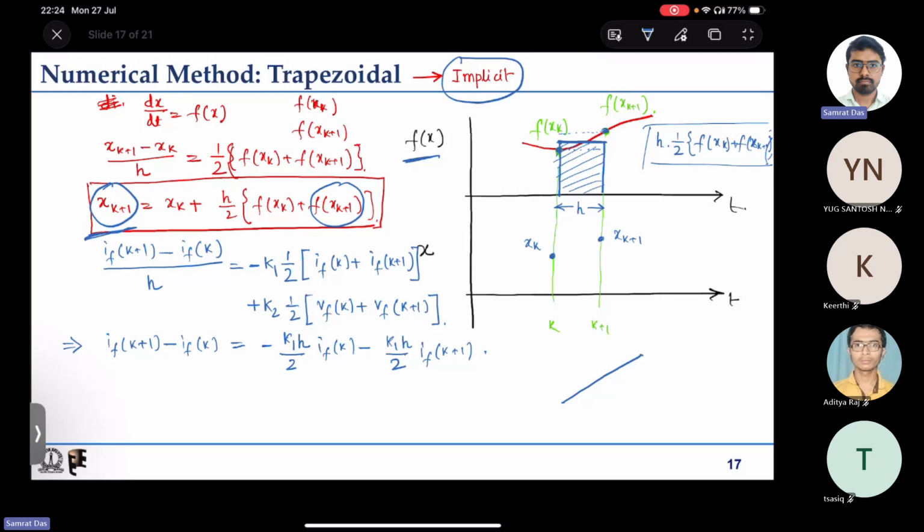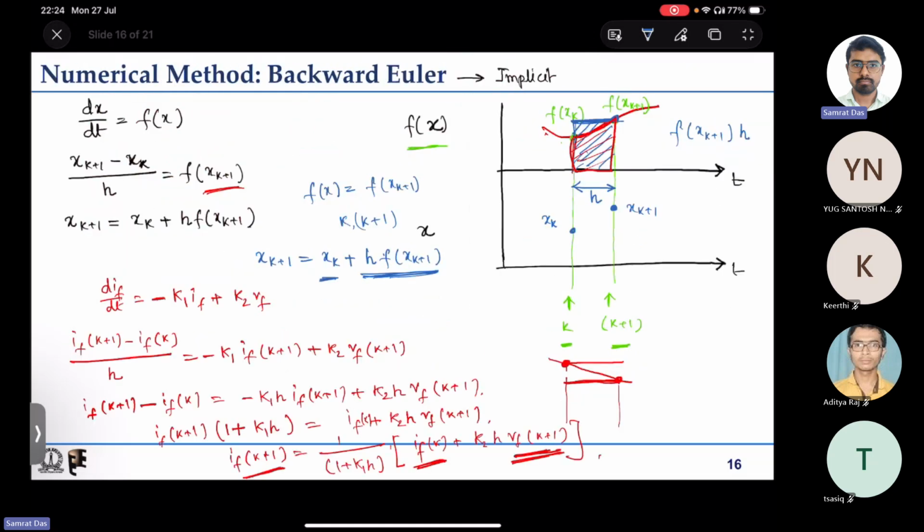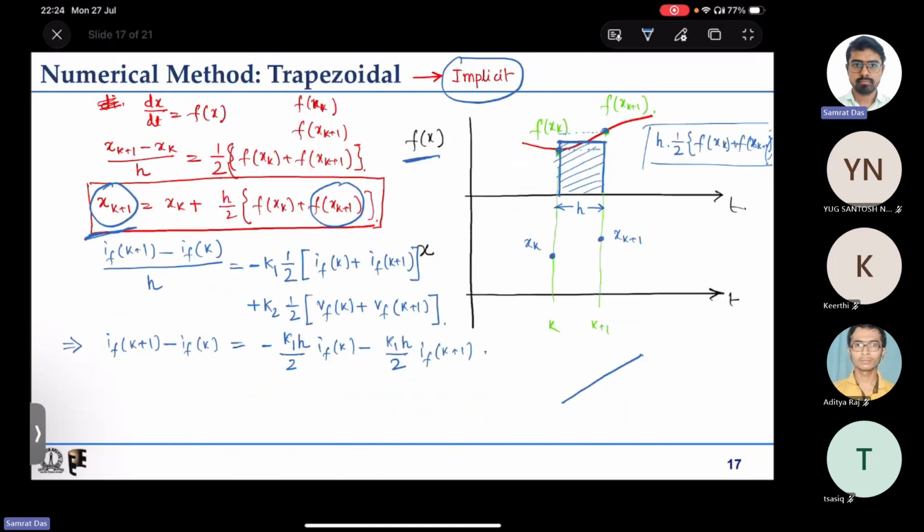This is the first one, and the second part remains, there is no need to divide that: k2 h by 2 multiplied by vfk plus vfk plus 1.